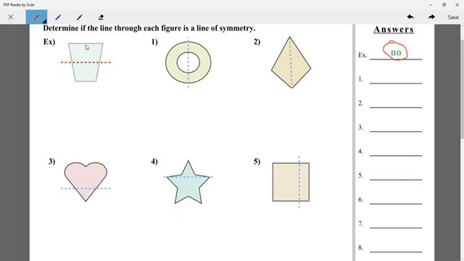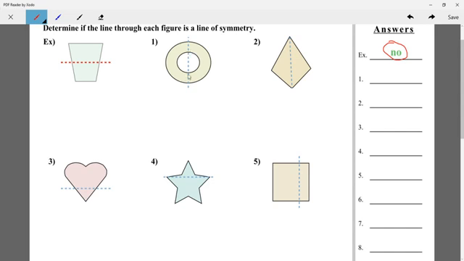Now the only line of symmetry here would be right down the middle, because if I folded it over right here, then it would be the same on both sides, right? So that is the only line of symmetry in this shape.